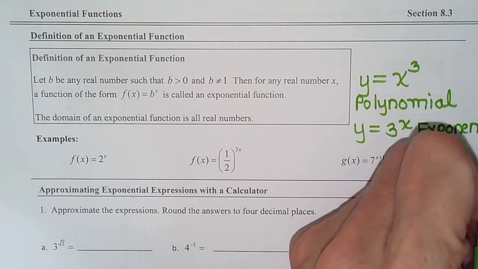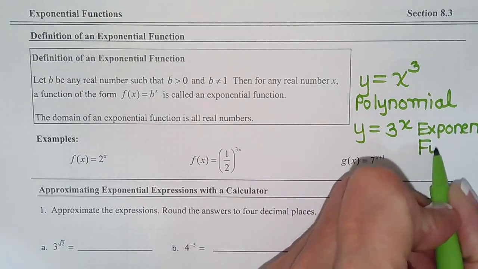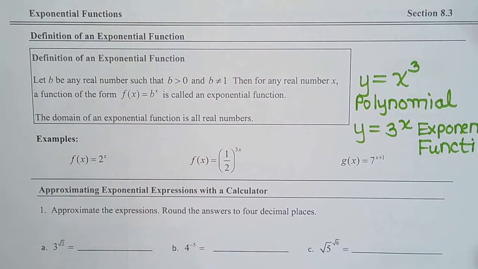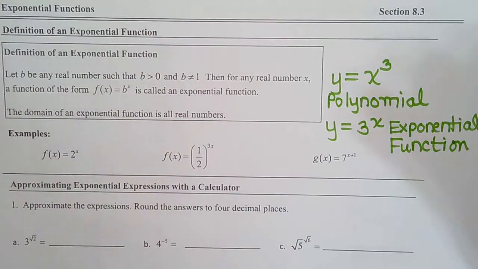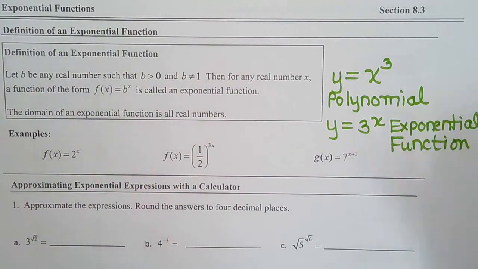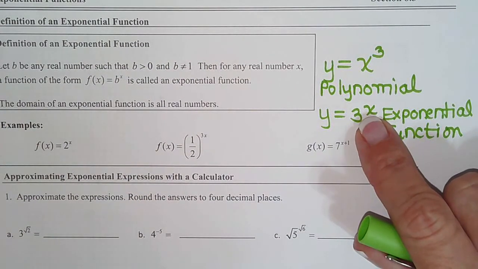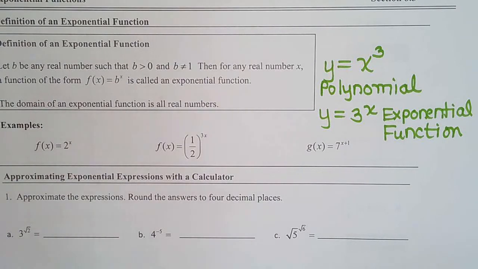So the difference from what we've studied previously is now the exponent is a variable. Before, our exponents were mostly 2, but sometimes we saw 3s. Now our exponents are going to be a variable, and they're called an exponential function.